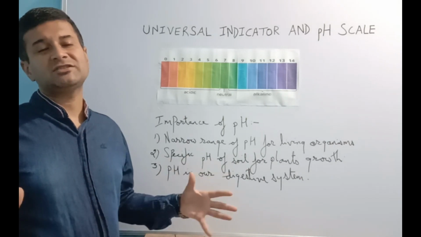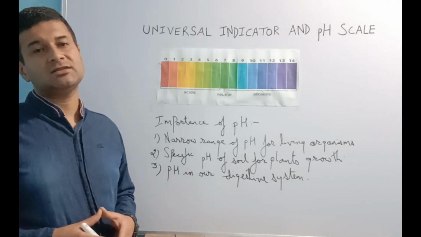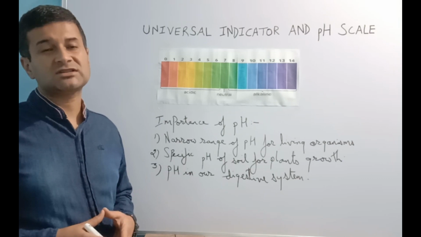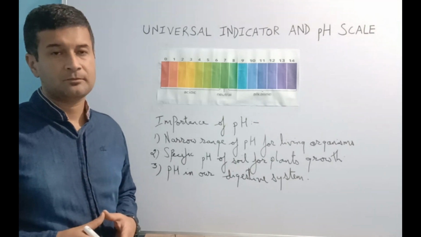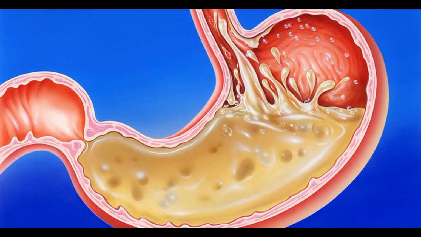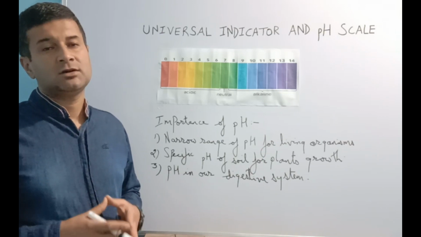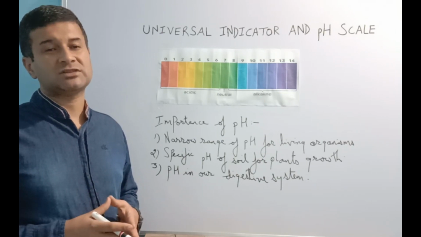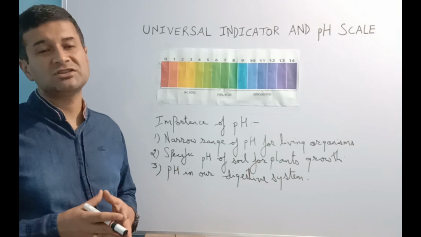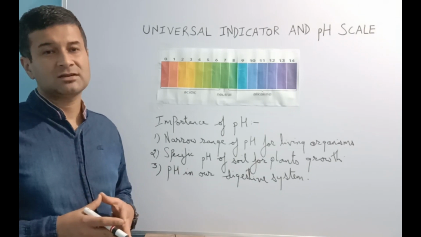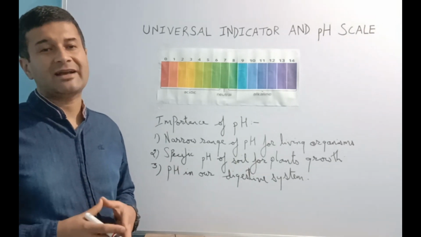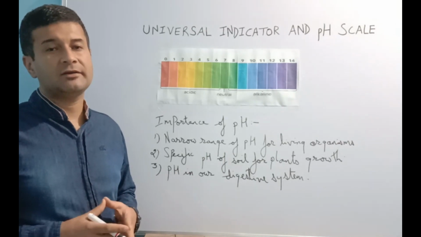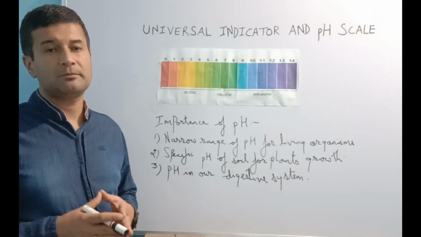But during indigestion, excess acid is produced which causes pain and irritation. We take an antacid like magnesium hydroxide, commonly known as milk of magnesia, which is a mild base that neutralizes the acid present in the stomach and relieves us from the pain.